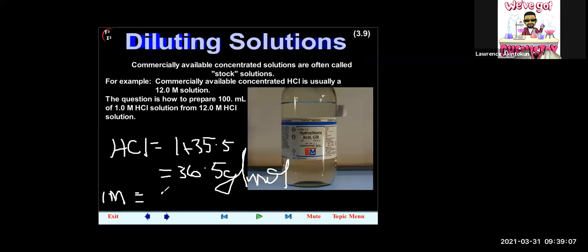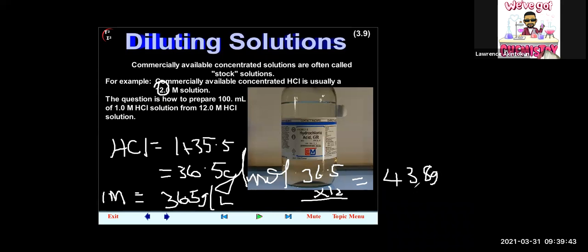That will give you 1 molar solution. So how did they get this 12 molar solution? That means they dissolve 36.5 times 12, which gives us 438 grams. So this was dissolved in just 1 liter.